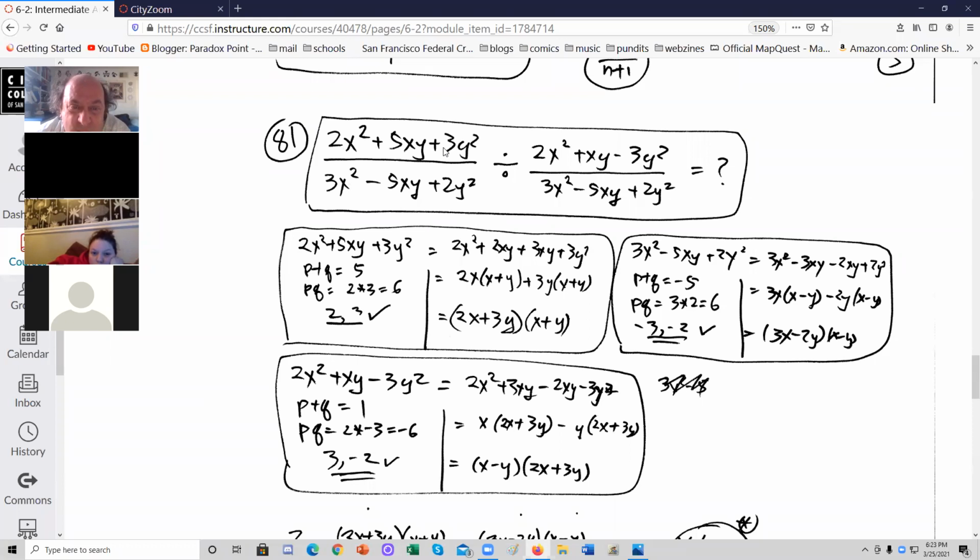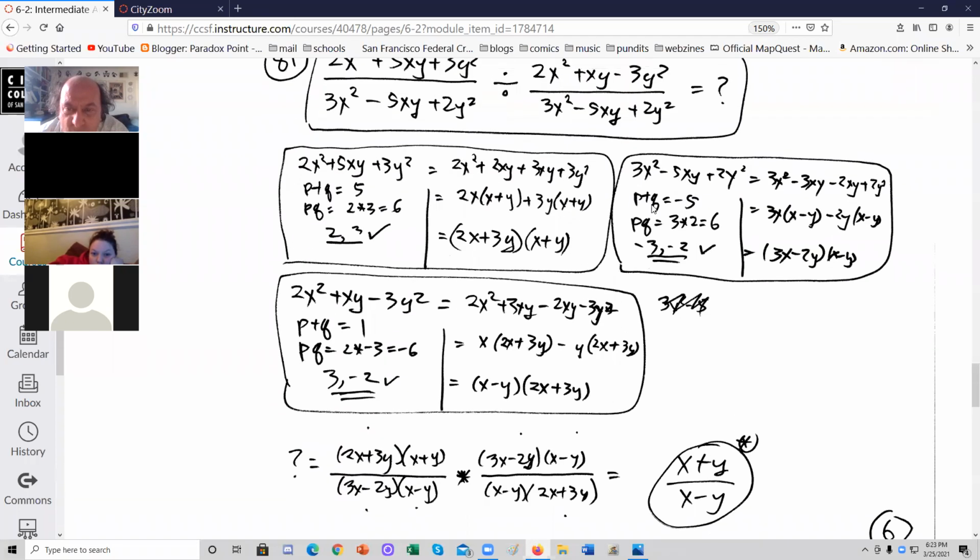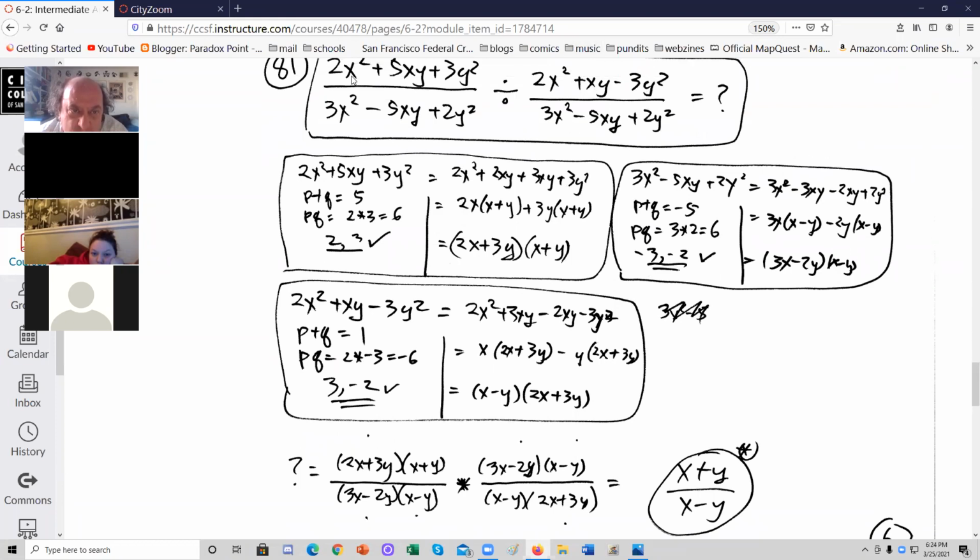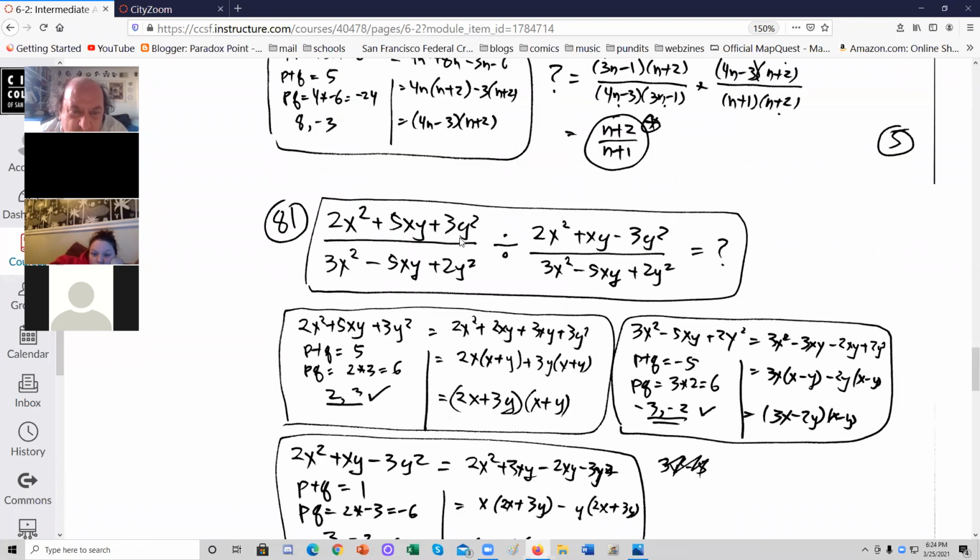2x squared plus 5xy plus 3y squared over 3x squared minus 5xy plus 2y squared, divided by 2x squared plus xy minus 3y squared over 3x squared minus 5xy plus 2y squared. Well, we'll have to flip this over later, but here, this one, 2x squared plus 5xy plus 3y squared. Here, we need two numbers that add to 5 and multiply to 2 times 3.